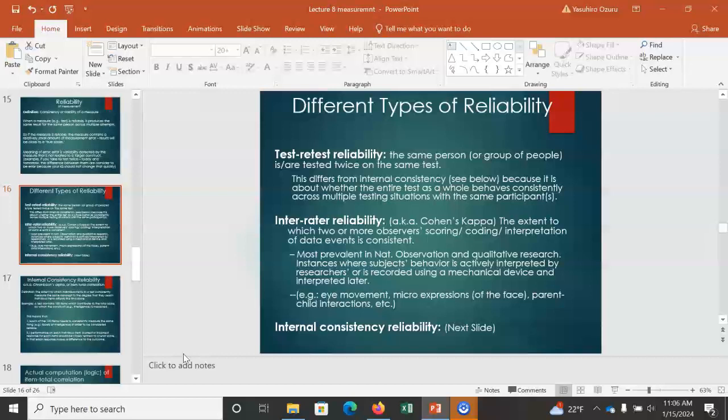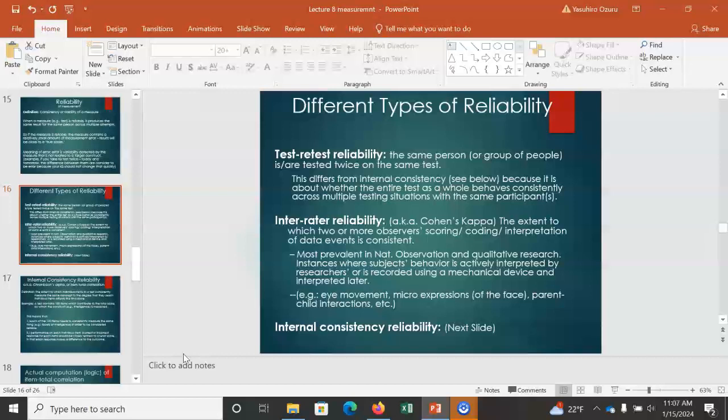Inter-rater reliability is very important in observational research. This is the extent to which 2 or more observers score, code, or interpret the same data in the same way. This is important because in many observational research, you observe, for example, a person's emotion. An emotional state of a person who is observed needs to be interpreted.